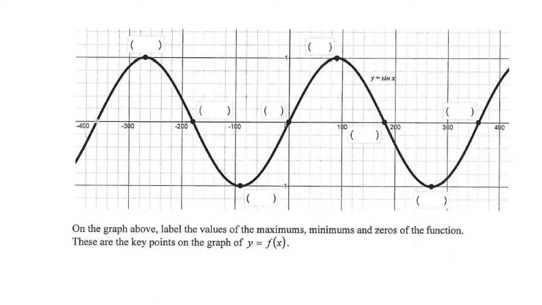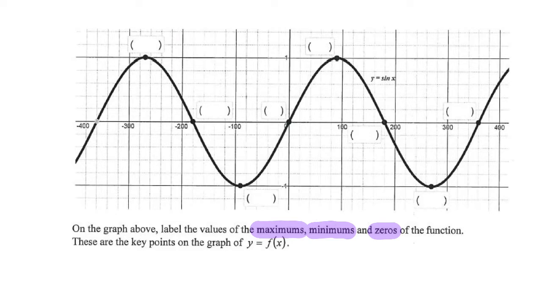So I've just kind of zoomed in on the bottom a little bit, and let's just take a look at that instruction. So what you see on the bottom is our instruction to go through and label the max and min values and zeros. And we're going to call those our key points on the graph. So the job is to fill in all of your maximums, your minimums, and your zeros.